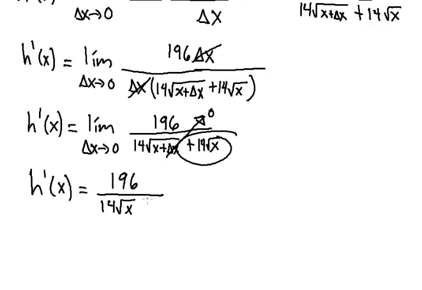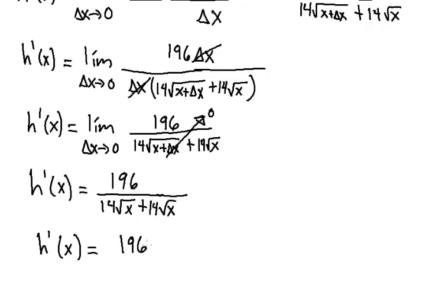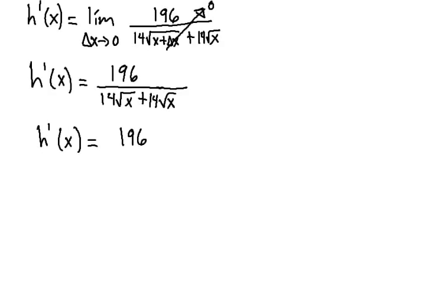But this one doesn't get affected, so you also copy it, plus 14 square root of x. Then you have h prime of x equals 196 divided by 14 square root of x and 14 square root of x. They are like terms, so you can add them. That will give you 28 square root of x.